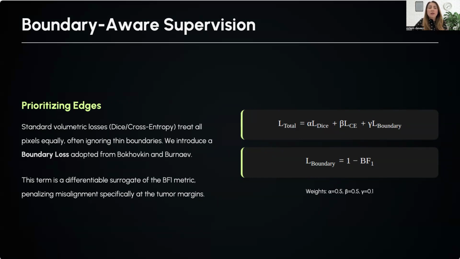This term acts as a differentiable surrogate for the BF1 metric. It explicitly penalizes the model when the predicted boundary does not align with the ground truth margin, forcing the model to sharpen its edges.